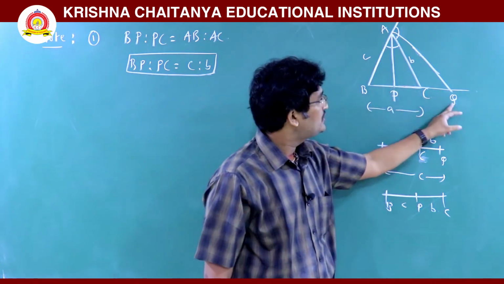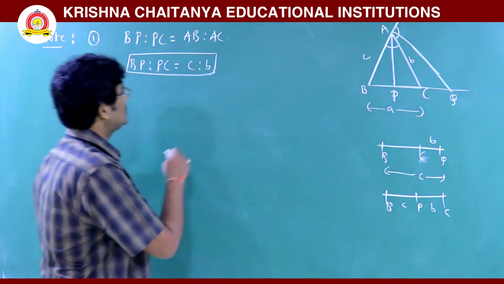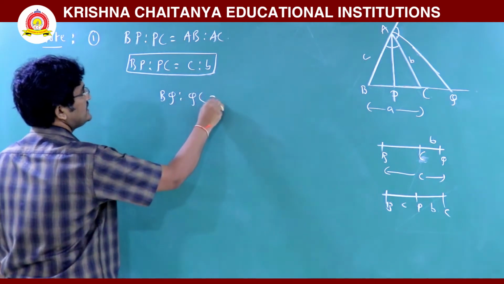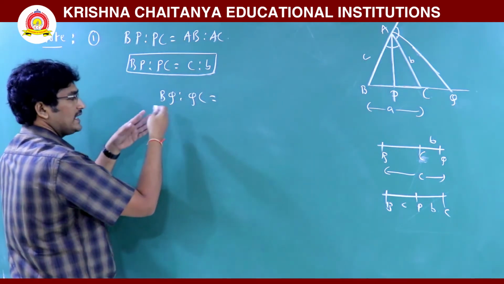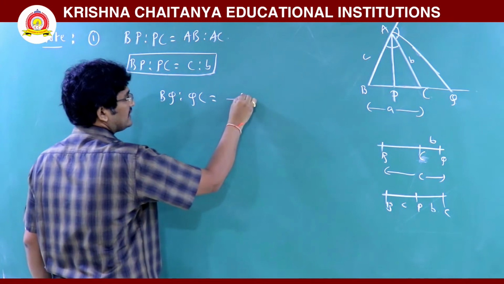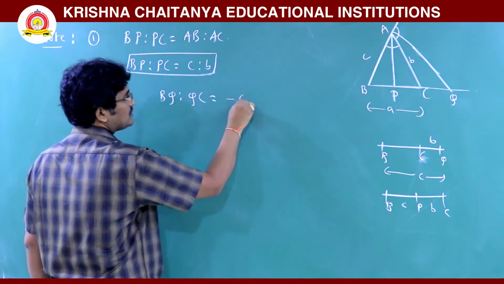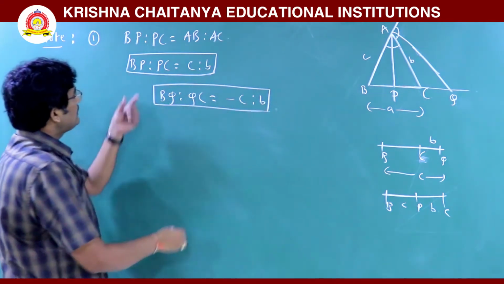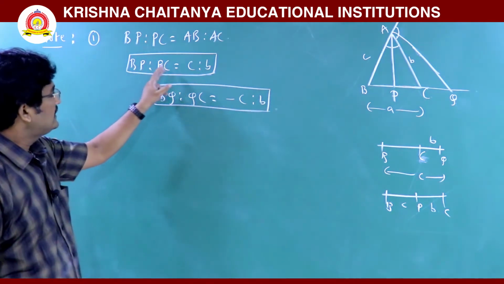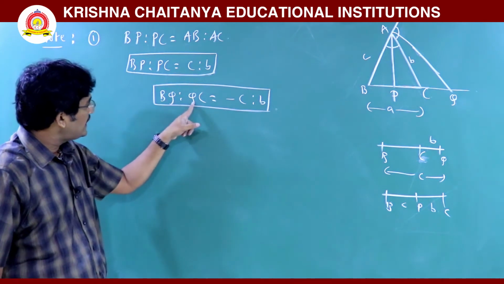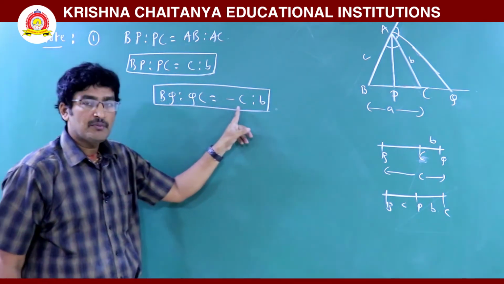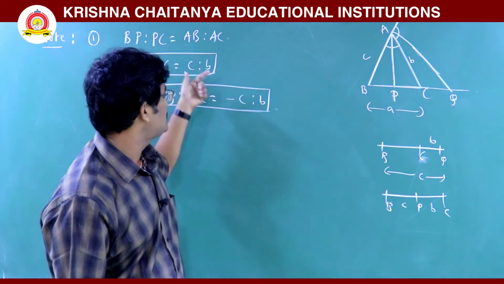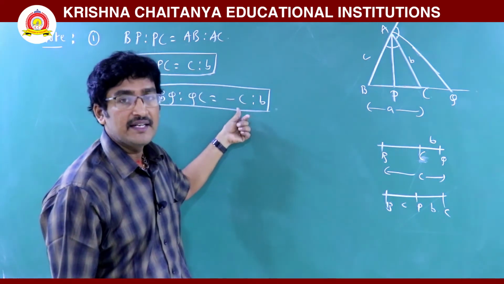That also, BQ is to QC is the same ratio, c is to b, but that Q lies outside of the line. So we have to take the same ratio with a negative sign like this. Please remember, that means point P divides BC bar in the ratio c is to b, and point Q divides the same BC bar in the ratio minus c is to b. The ratio is the same, but here the ratio comes with a positive sign, and here with a negative sign.